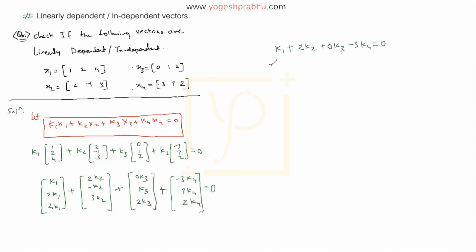Now the second equation would be 2k1 minus k2 plus k3 plus 7k4 is equal to 0. Then the last one would be 4k1 plus 3k2 plus 2k3 plus 2k4 is equal to 0. So we have got these three equations here.